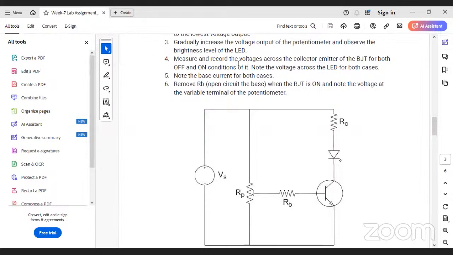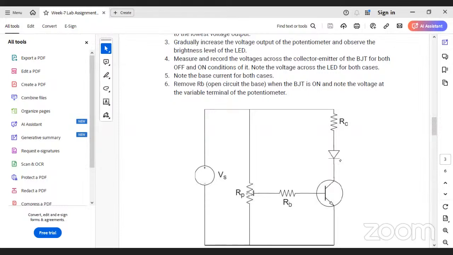See, measure and record the voltages across the collector emitter of the BJT for both off and on conditions. Note the voltage across the LED for both cases. There will be a threshold. After that the transistor will be on, but that IB will flow, right?